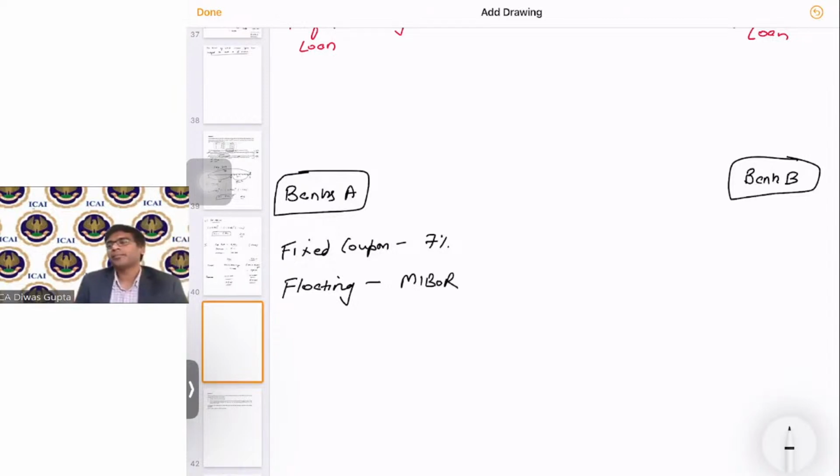So company A goes to bank A and bank A says that if you want to borrow at a fixed rate, I can offer you 7%. If you want to borrow at a floating rate, I can offer you MIBOR.